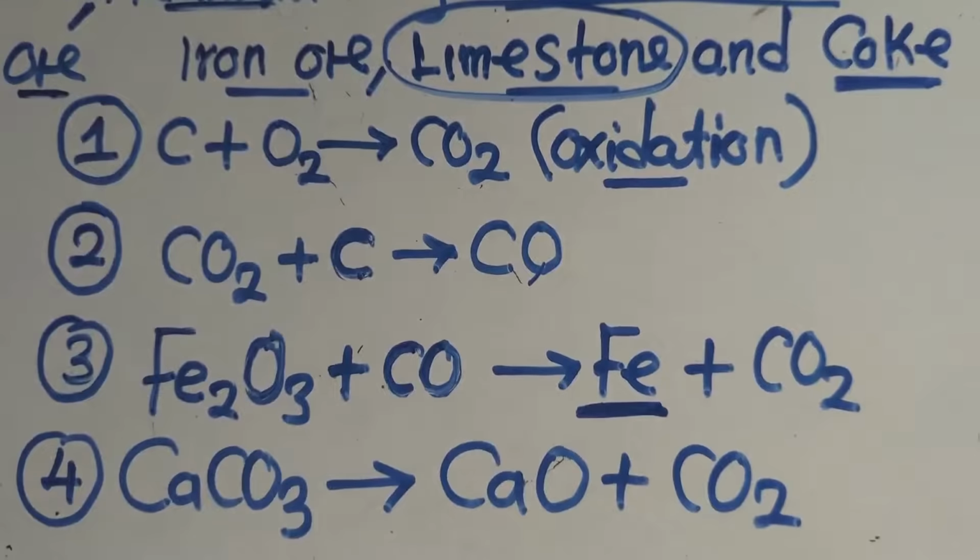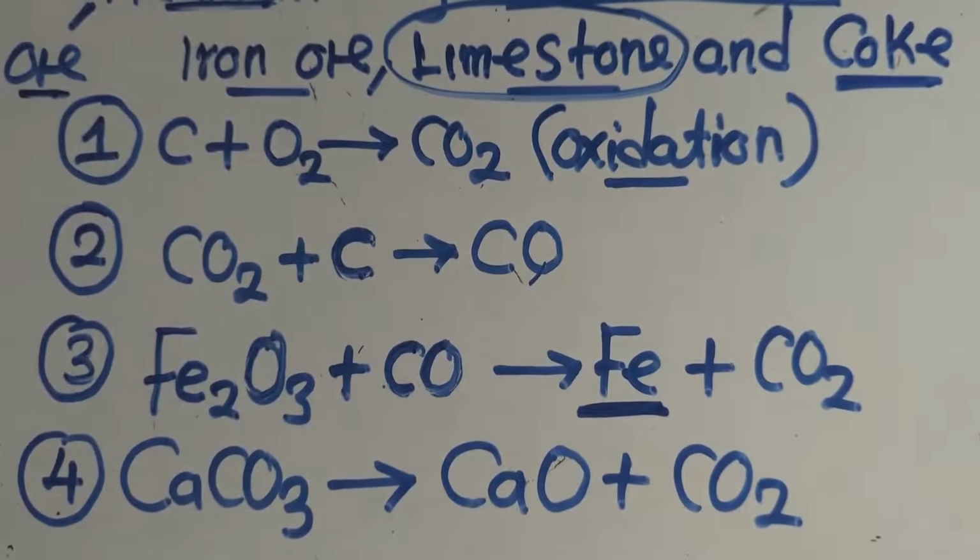So when this decomposes and forms this, our key interest, we now understand that the purpose of limestone is to act as a flux. This is the purpose of the limestone, to act as a what? As a flux.